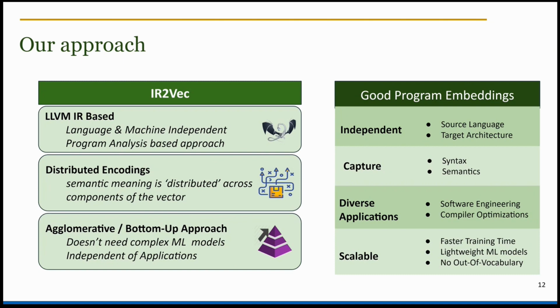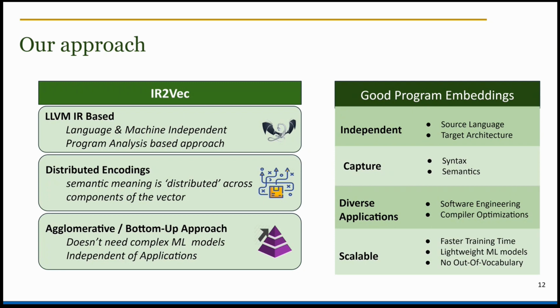This approach is going to give out distributed representations, that means representations as an n-dimensional vector in some n-dimensional space. Here, distributed encodings mean that the semantic meaning is distributed across the components of the vector, as opposed to a feature-based representation.